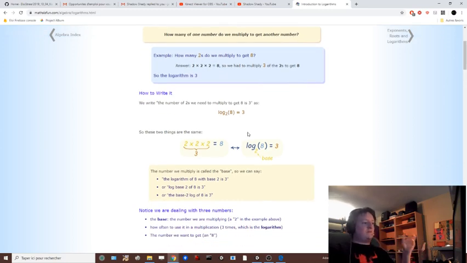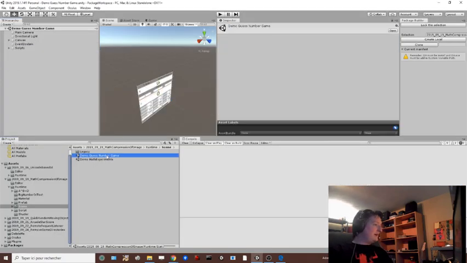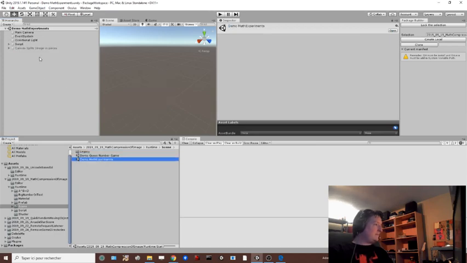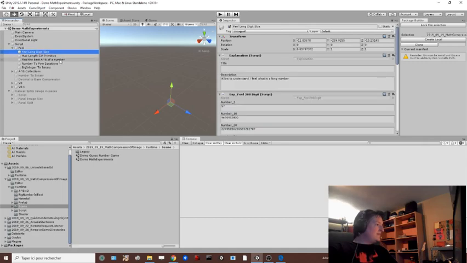And if you want to do the other way, you can do log of the base you are using and the number you have, and it will give you the exponent you need to arrive at that. So I was like, oh, nice. So I did a scene with a lot of experimentation. You will see that.